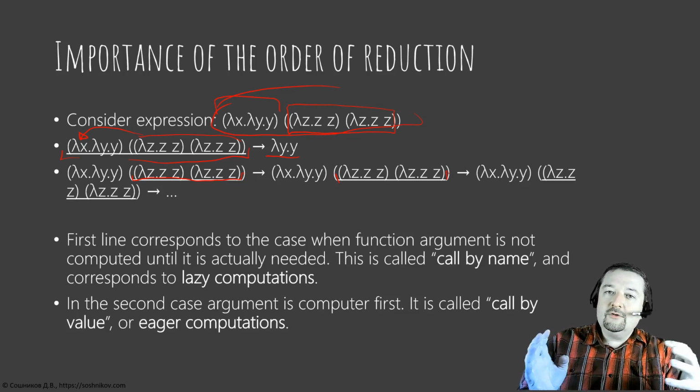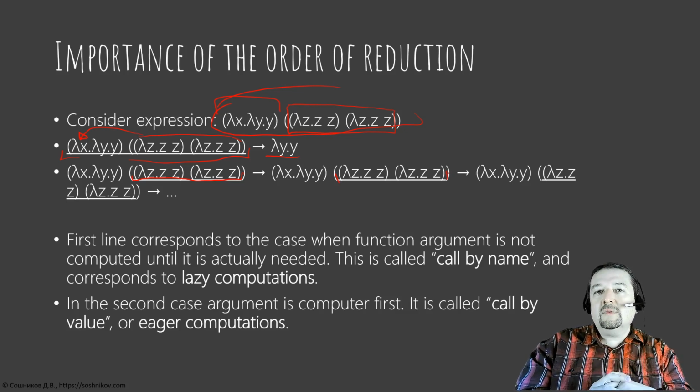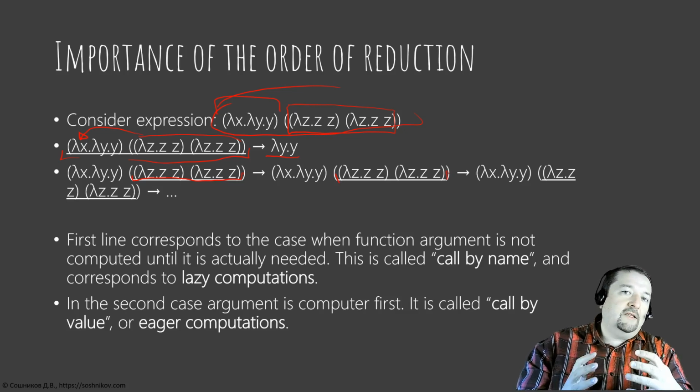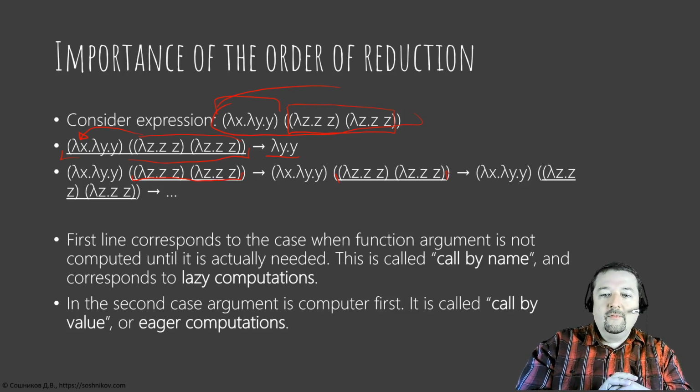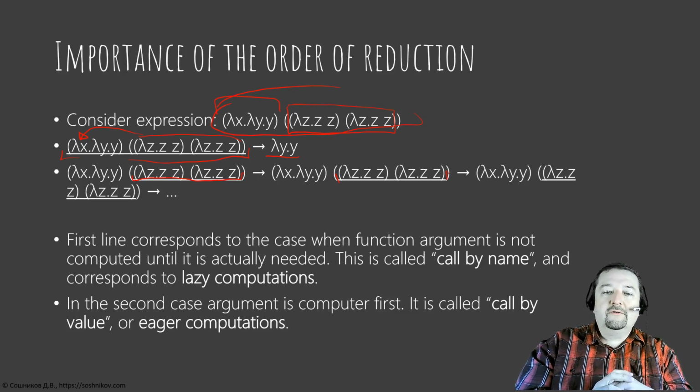If we reduce the outermost redex, we arrive at the result. So this is kind of a case where we do not get exactly the same result. Well, we do not get different results either, because in the second case we just don't get any result, we get an infinite loop. So it looks like the order of reduction can be important.